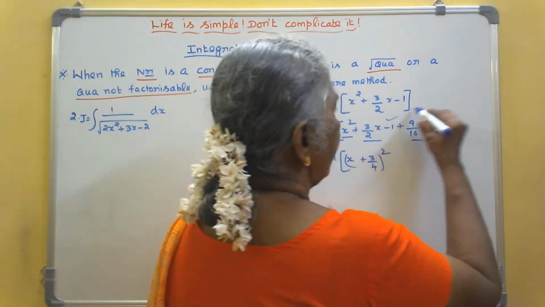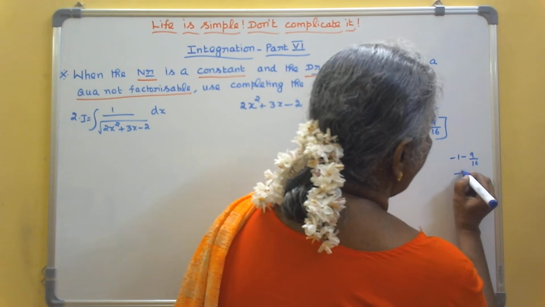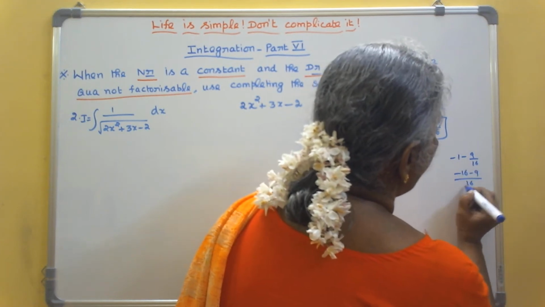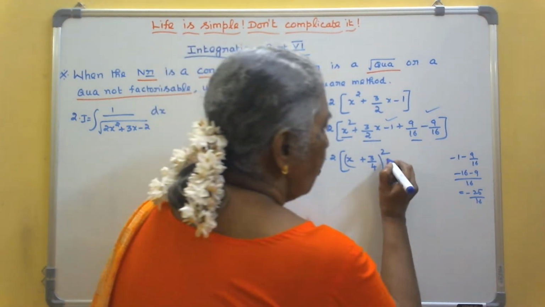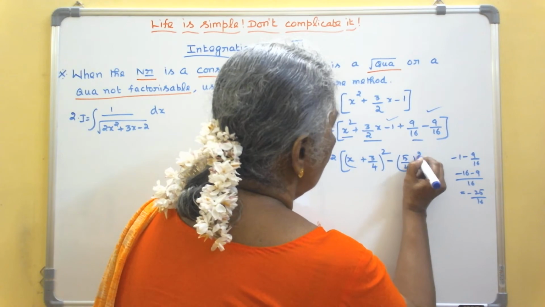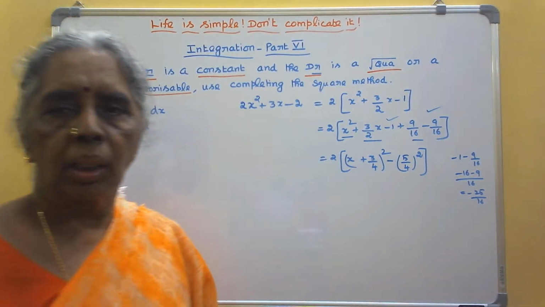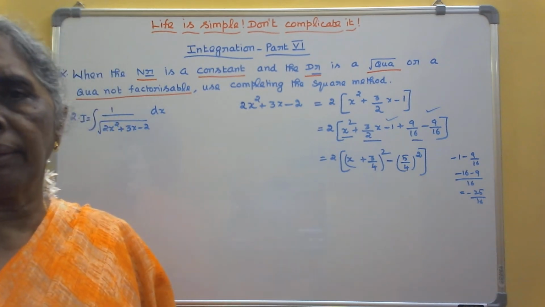Now, you have minus 1 and minus 9 by 16. If you take LCM, you will be getting minus 25 by 16. So, minus sign, I will be getting 5 by 4 the whole square. So, we have done the completing the square method here.